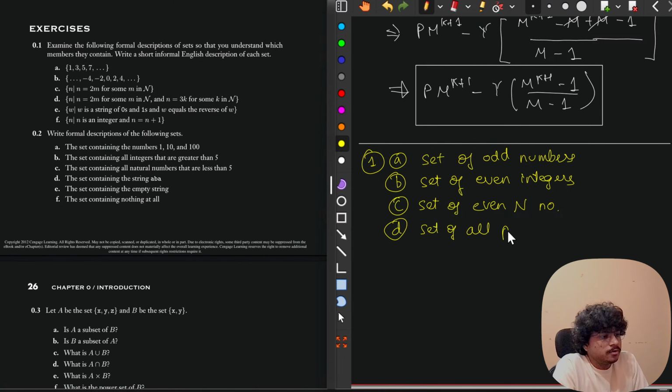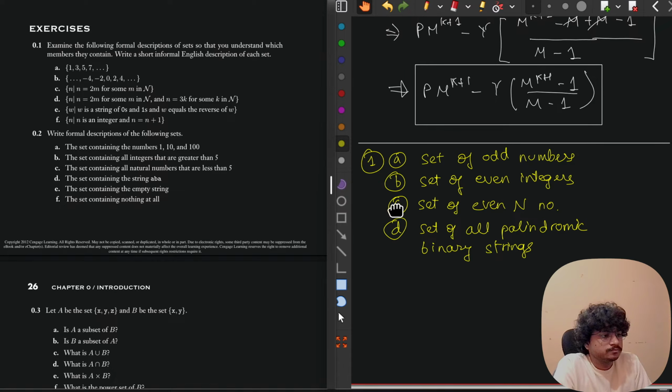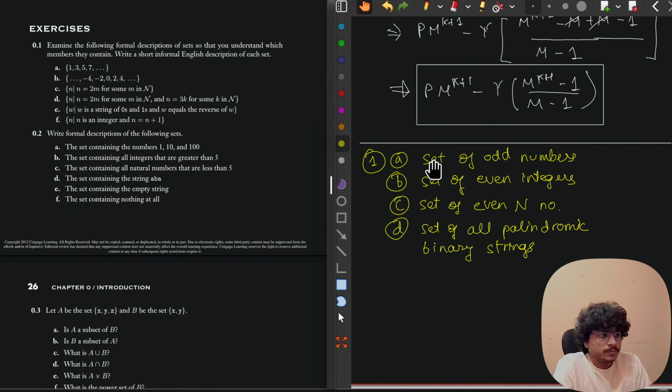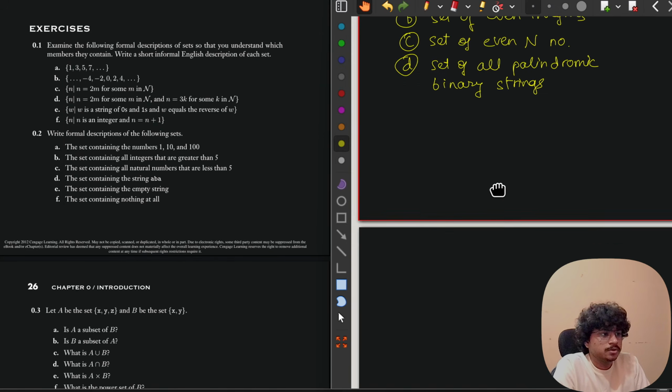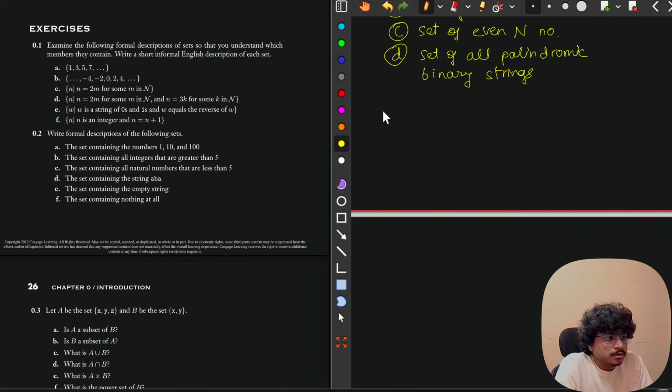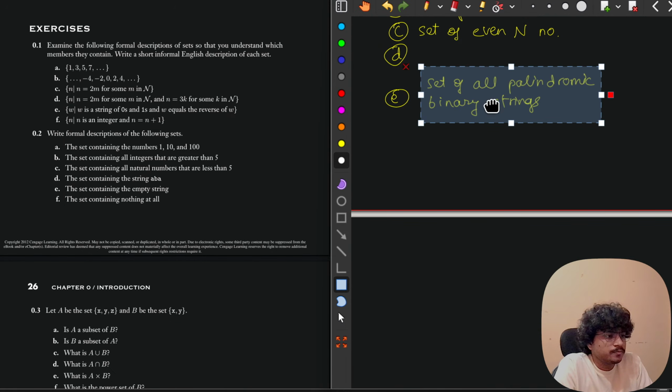The next part, W is a string of zero. Sorry, this part is right here.